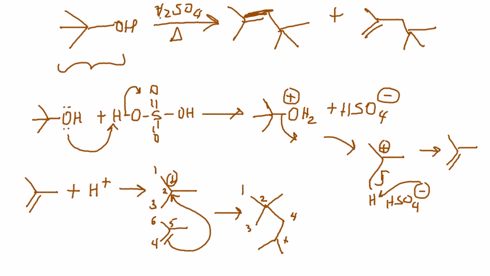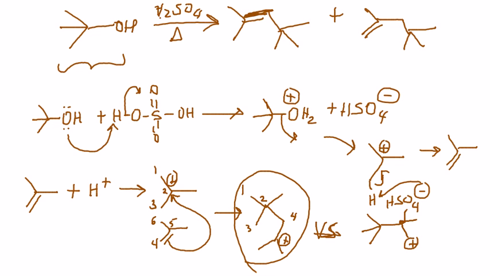You could have a carbocation right over here, or you could have a carbocation if 5 attaches, and that would mean you have 1, 2, and 3 carbons, which will give you a primary carbocation. Hopefully everybody can see that the first carbocation is the more predominant one. The second one doesn't even get formed because primary is way too energetically unstable.